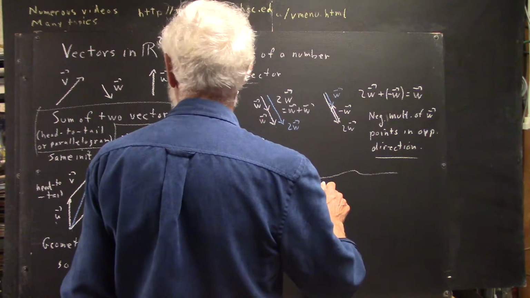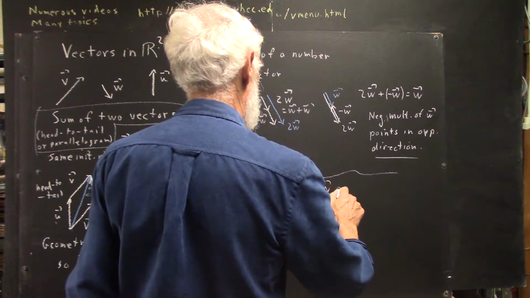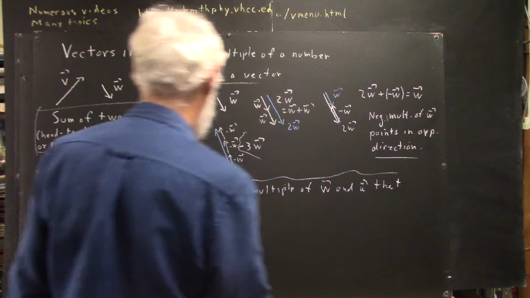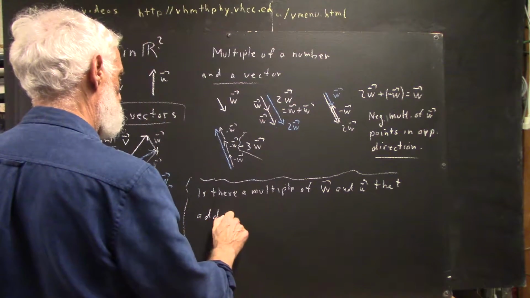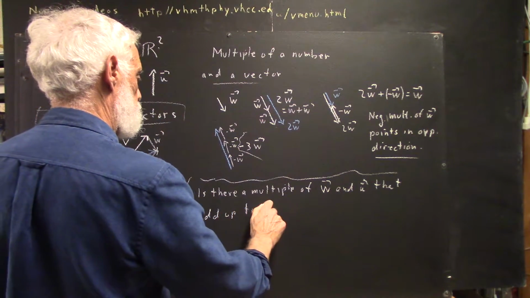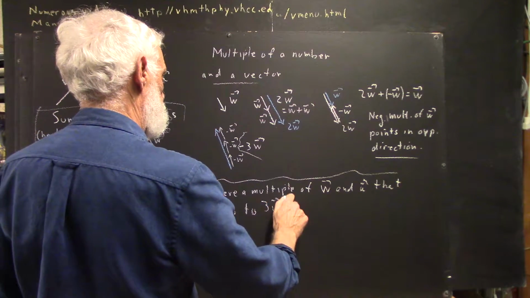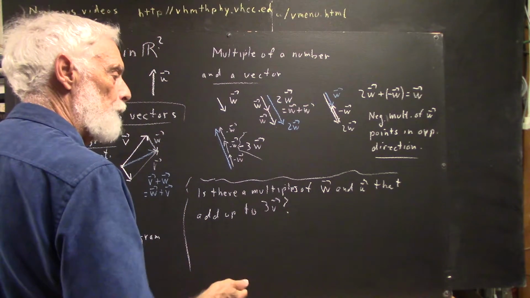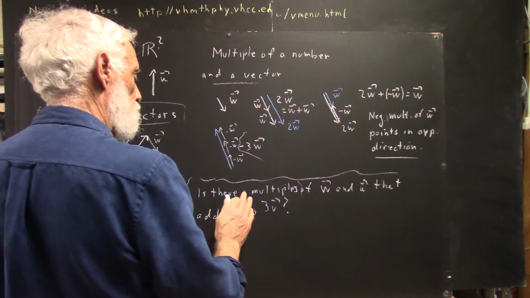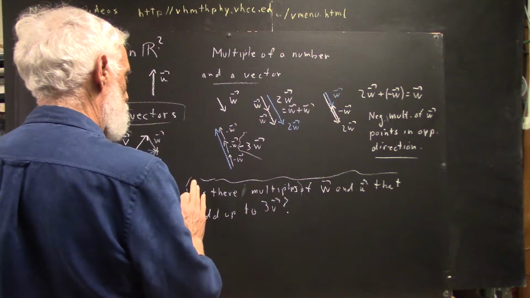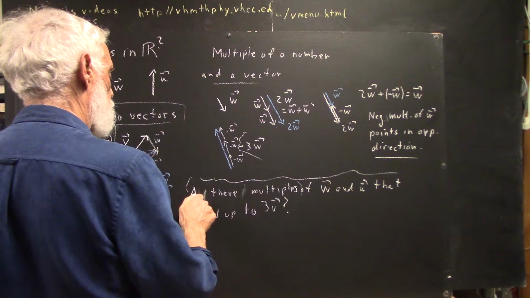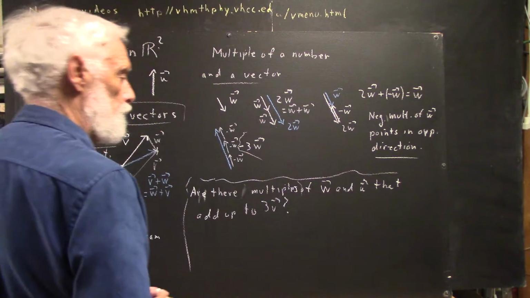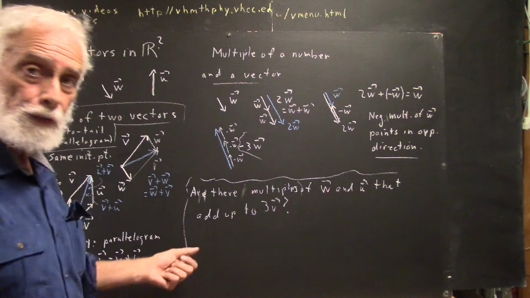Now, I said, is there a multiple? I should have said, are there multiples? Get rid of the word a, change the word is to are. Are there multiples of W and U that add up to 3V? So think about that question. That's going to be in the next video.